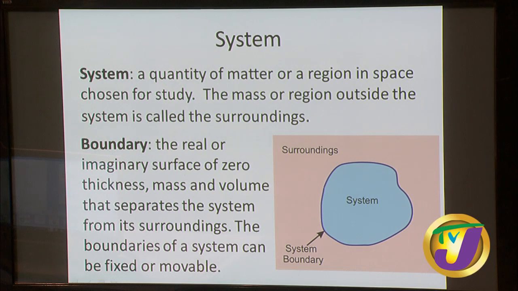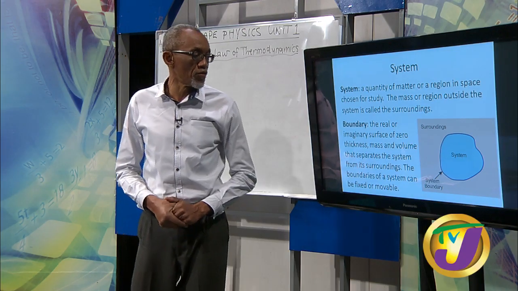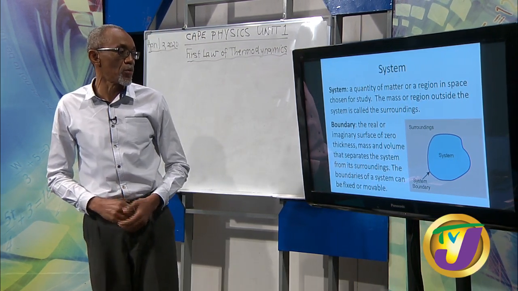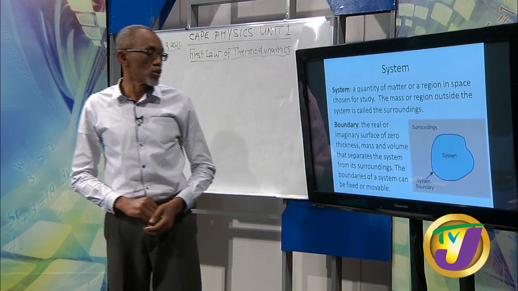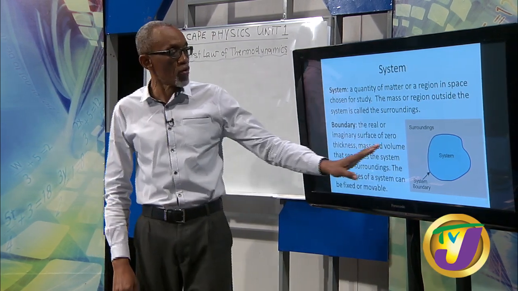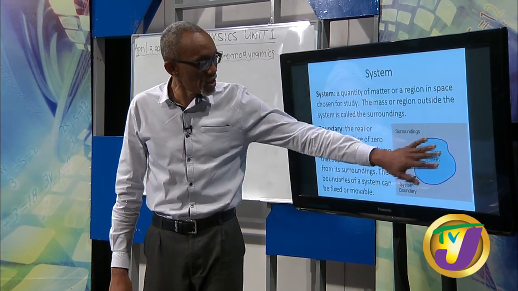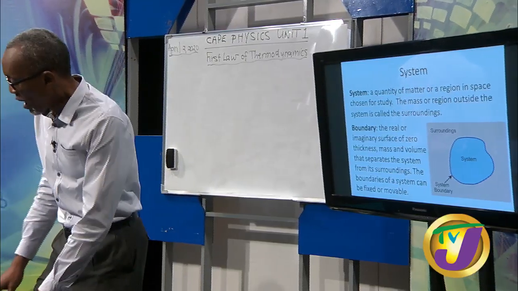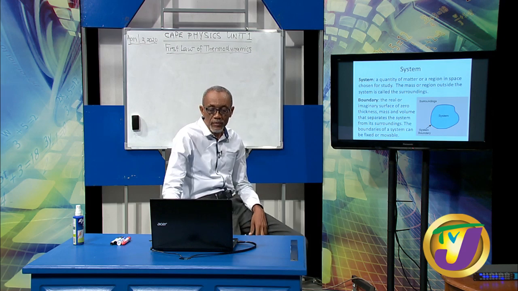And the boundary is the real or imaginary surface of zero thickness, mass, and volume that separates the system from its surroundings. The boundaries of a system can be fixed or movable. So the boundary, we have the system enclosed, and the boundary separates the system and the surroundings.